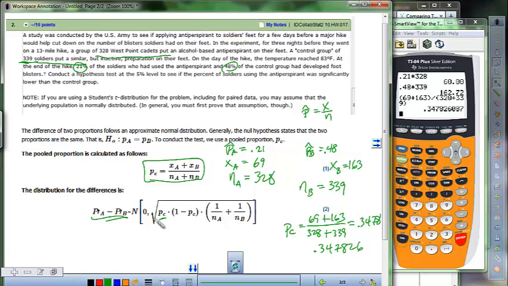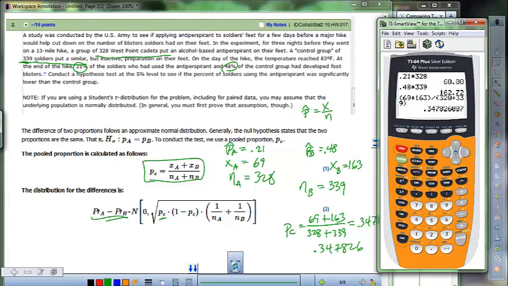So let's do that. So we're going to need a square root. So second function, square root. So that begins my square root. I got my PC, so I'm going to put 0.347826 times, and then I'll open it up with a parentheses, and then I have 1 minus 0.347826.